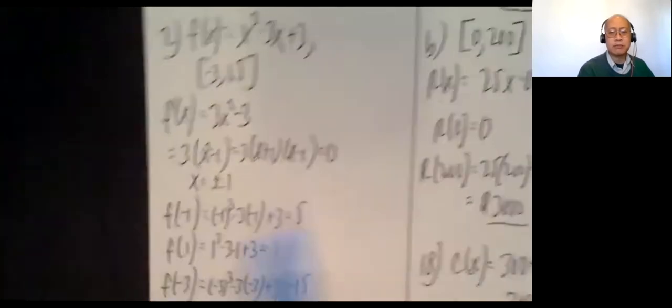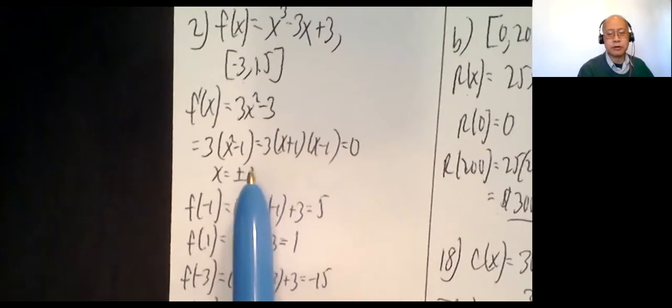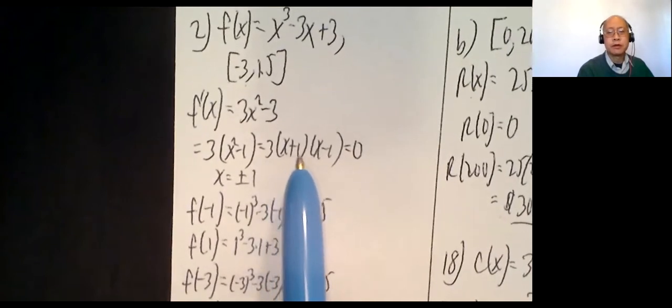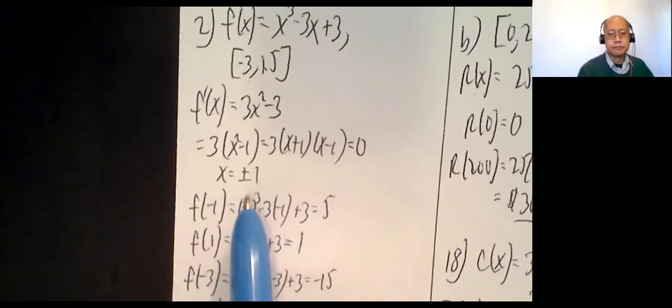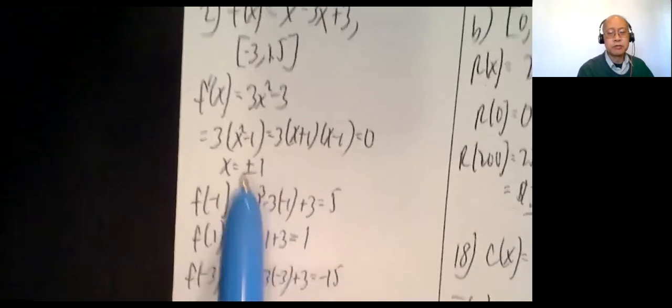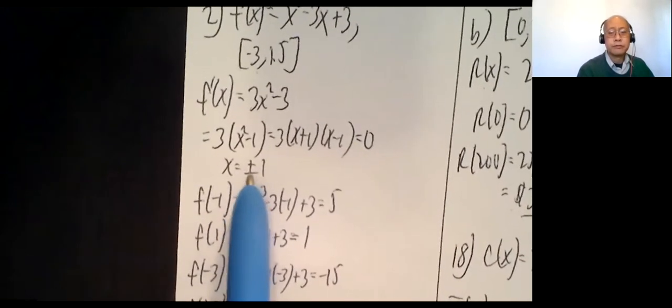By the zero factor property, one of these has to be 0. 3 cannot be 0, of course, they're different numbers. How do I make x plus 1 equal to 0? X is -1. How do I make x minus 1 equal to 0? +1, so plus or minus 1. My critical numbers are plus or minus 1.